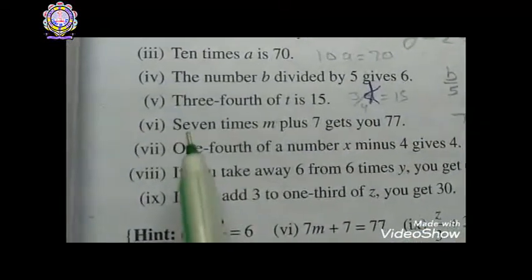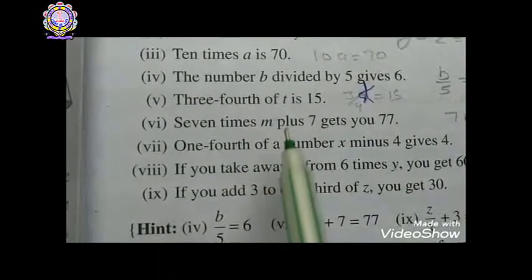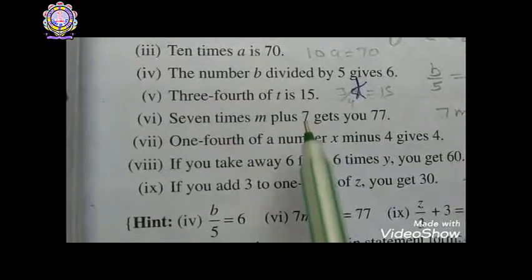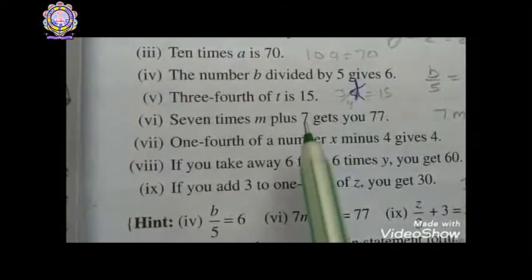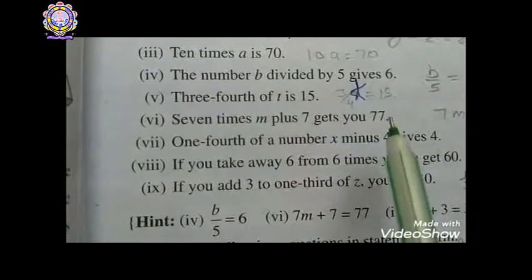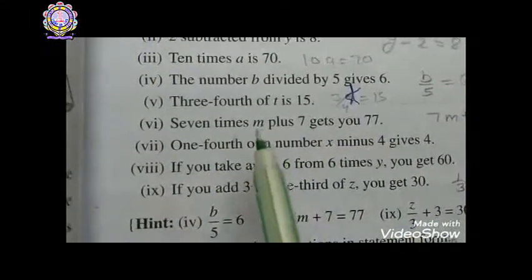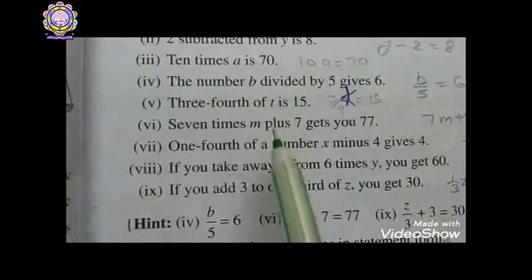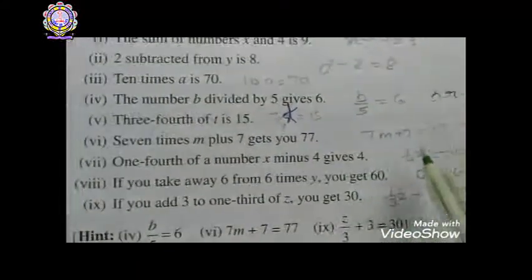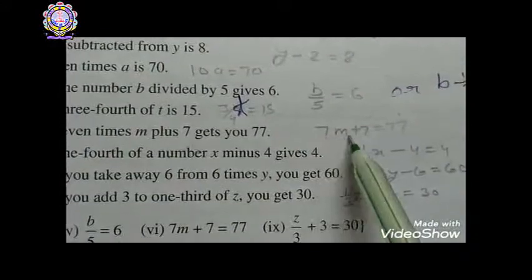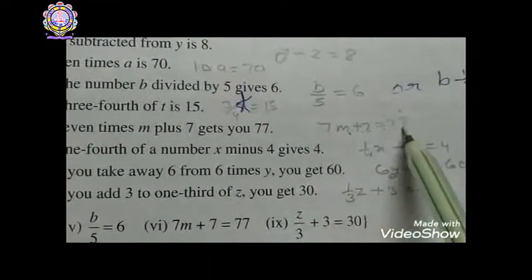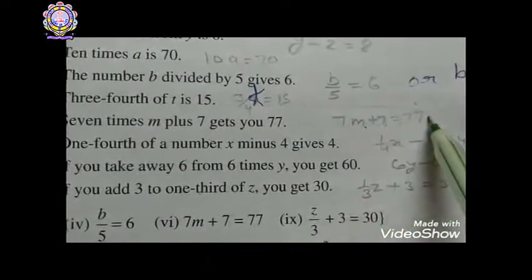Next, 7 times m plus 7 you get 77. 7 times m means 7m, plus 7 you get 77. So 7m plus 7 is equal to 77.